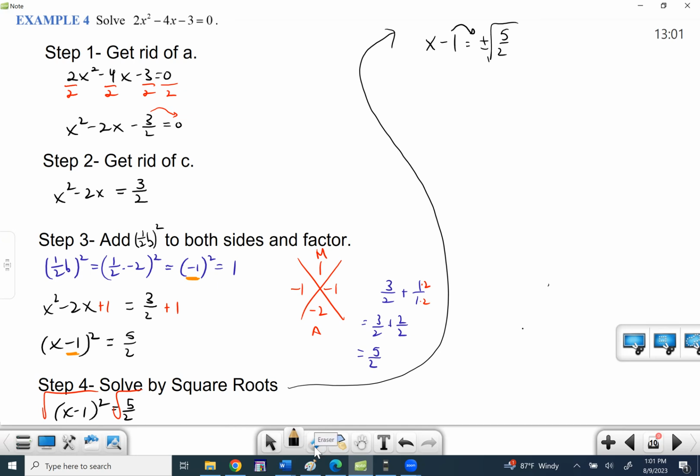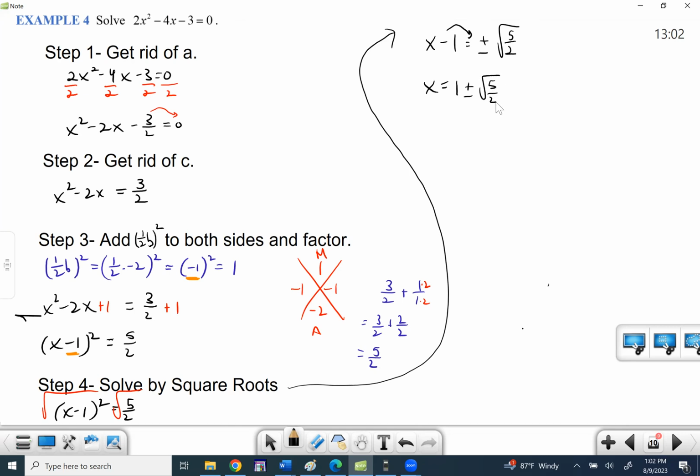You know what? I almost feel like I should rewrite that because it's so messy. Sorry, you guys. There we go. Okay. So then we'll move the 1 over to the other side, making it positive 1. Let me just leave it for now.